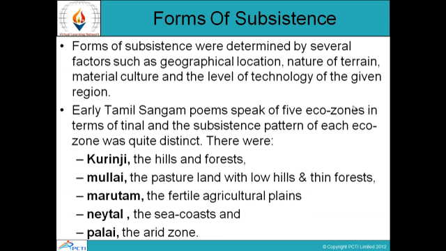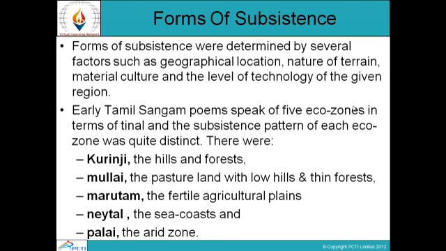Early Tamil Sangam poems speak of 5 ecozones in terms of tinai, and the subsistence pattern of each ecozone was quite distinct. So there were various forms of survival, there were various forms of livelihood. The forms of subsistence were determined by the place where the people lived, the climate, the weather over there, the culture of the people there, as well as the level of technology which was reached there.